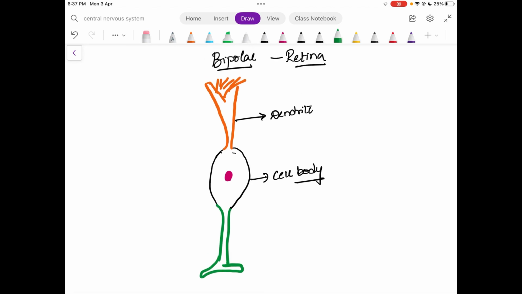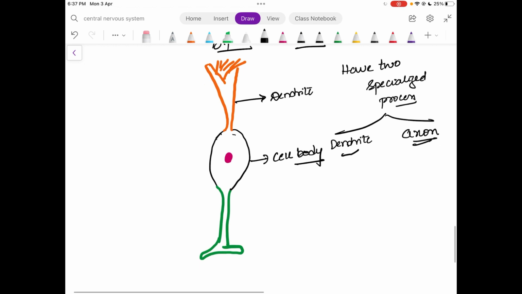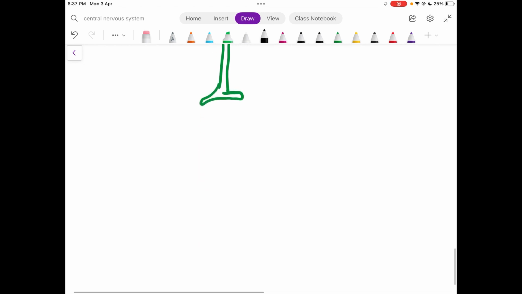That means this bipolar cell has two specialized processes: one is the dendrite, another is the axon. The dendrite carries information to the cell body, and the axon transmits information from the cell body. Bipolar cells are present in the retina, and unipolar cells are present in invertebrate organisms.